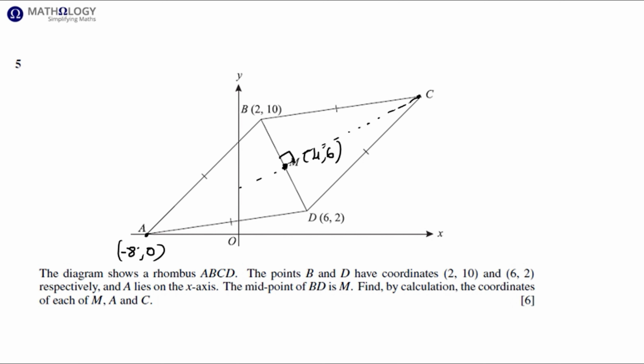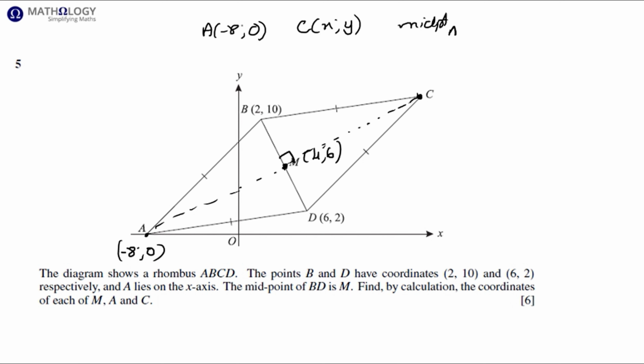And to find the coordinates of point C, now we can go back to the midpoint. Since the diagonals bisect each other at 90 degrees, M is the midpoint of BD, M is also the midpoint of AC. So C is the point (x, y), A is the point (minus 8, 0).